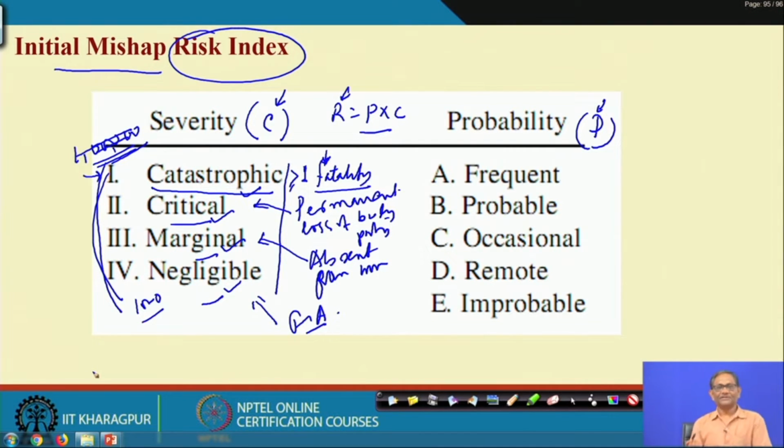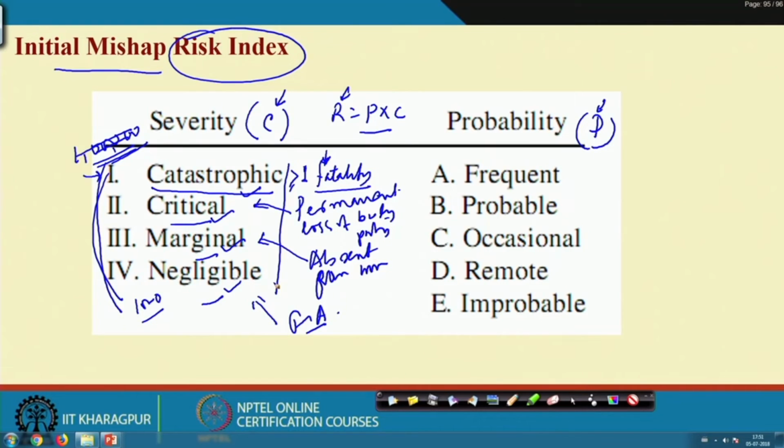So, that conversion is also possible. But if you can make it in terms of money, then it is quantitative. So, what I mean to say is, qualitative means you must have an idea that your loss value beyond a certain level is catastrophic, within a certain level is critical, within a certain level is marginal, within a certain level is negligible.